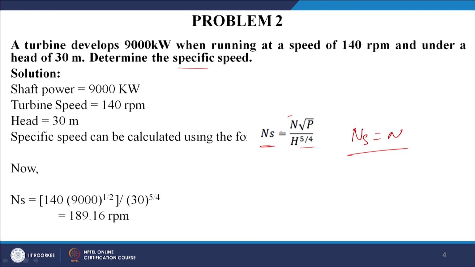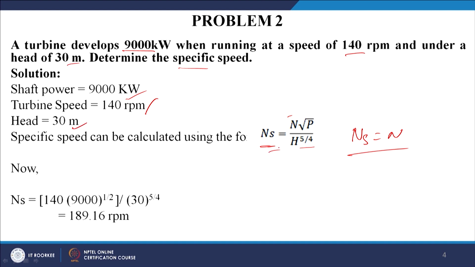Now, what is the value of N? That is the turbine speed, or the rotation of the rotor or the turbine shaft, which is equal to 140 rpm as given here. The power rating P is also given, 9000 kilowatt. So, shaft power is 9000 kilowatt, and the head is 30 meter.